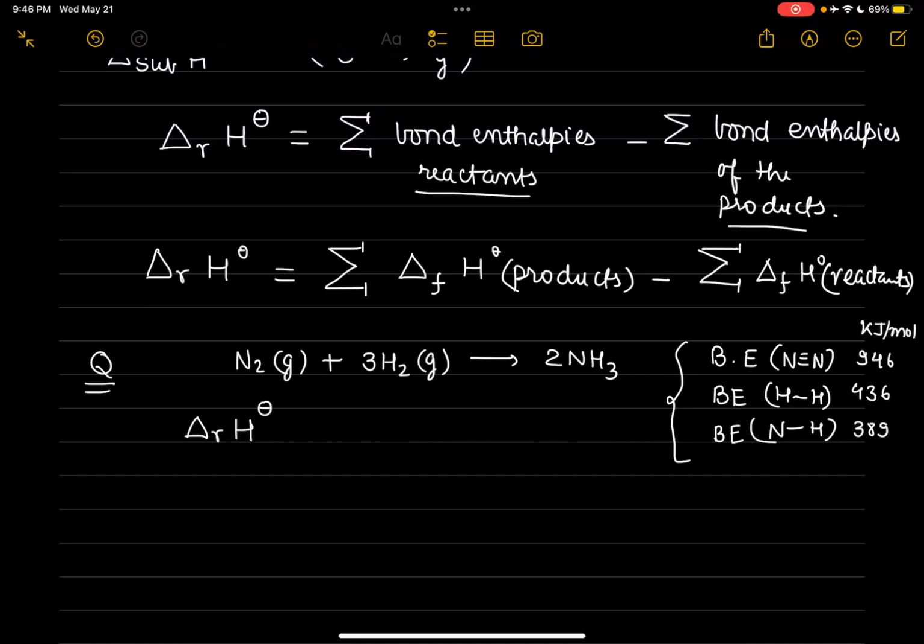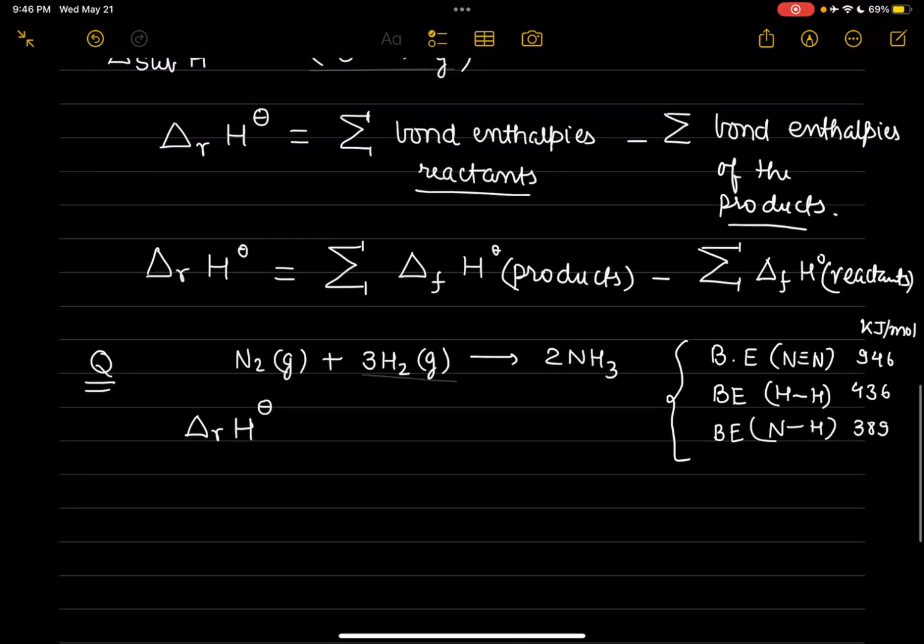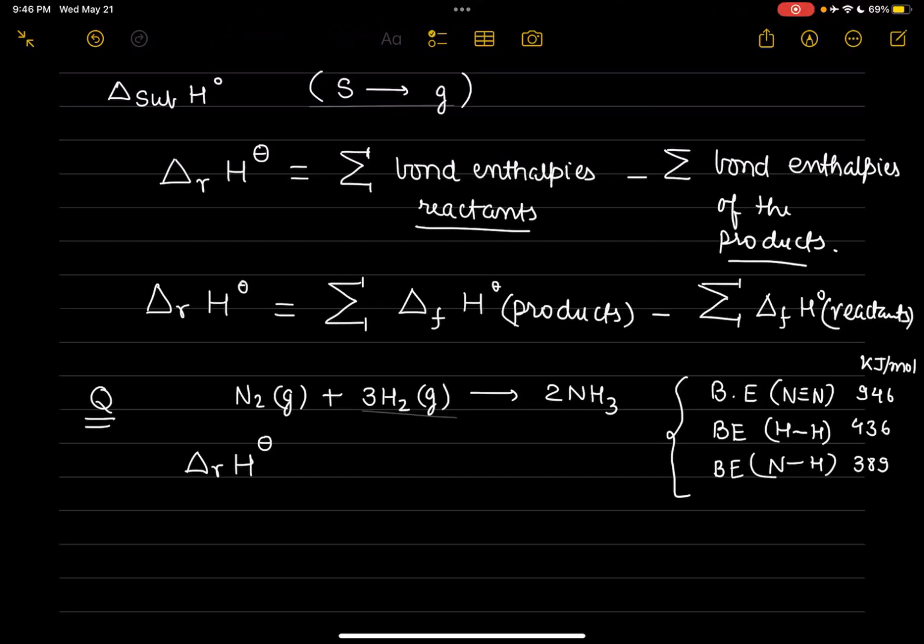First of all, are we provided with heat of formation or bond energies? Bond energy. We are provided with the bond energies, exactly. So we need to use the bond energies formula to figure out the overall heat of reaction.